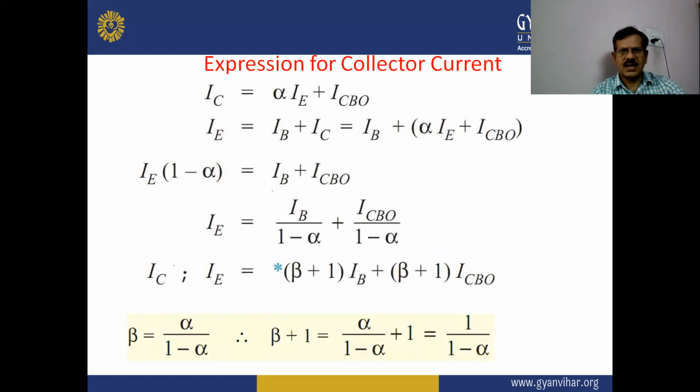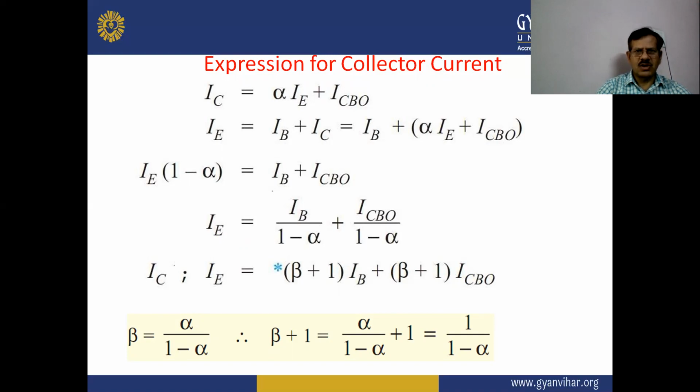Next, what is the collector current in common collector configuration? We can derive the collector current formula. Here the collector current IC equals alpha IE plus ICBO, where ICBO is the leakage current.